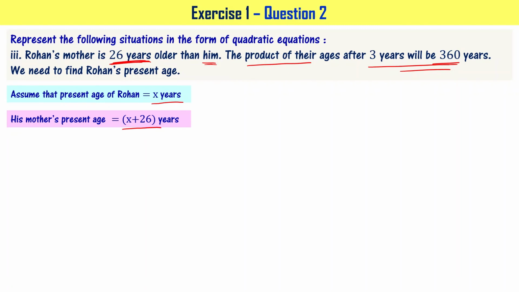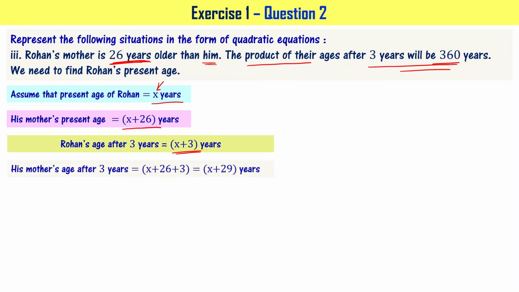Let's do that now. Rohan's age after 3 years is going to be x plus 3 years because today it is x years. After 3 years, it is going to be x plus 3 years, right? Rohan's mother's age is going to be x plus 26 plus 3. x plus 26 is her current age, and you have to add 3 years because we want to know what is her age after 3 years, right?